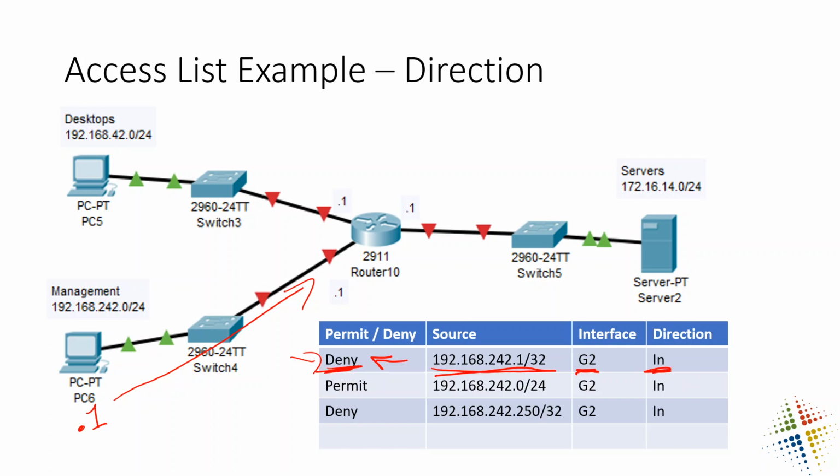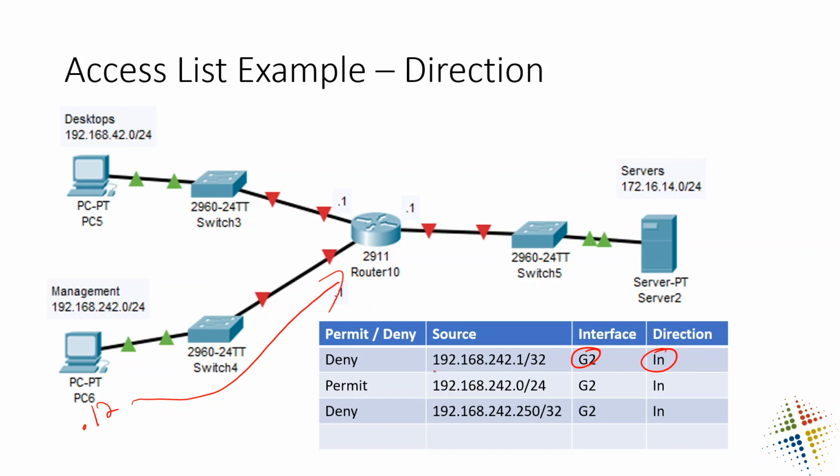So that was .1. Let's say instead we have 192.168.242.12. Traffic comes up to the router and it says, okay, which interface is that? Well, that's G2. So I'm going to start looking at the G2 interface access lists. Which direction is it? Well, from the router's point of view, it is coming into the router, so it is inbound. So I'm going to look at this inbound G2 access list.